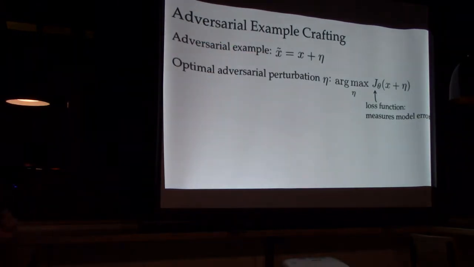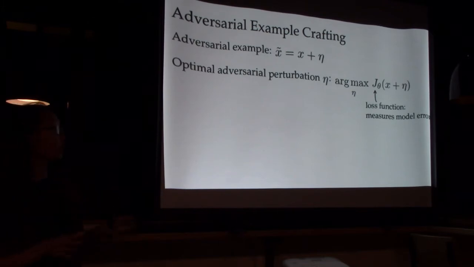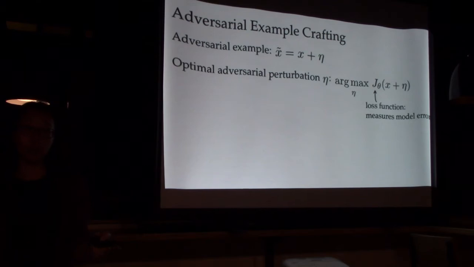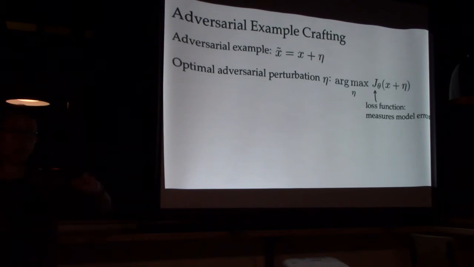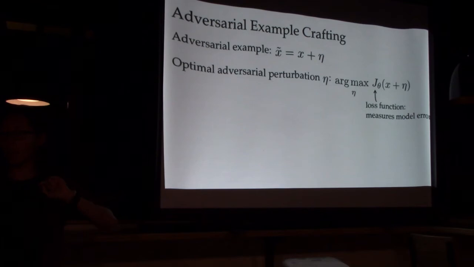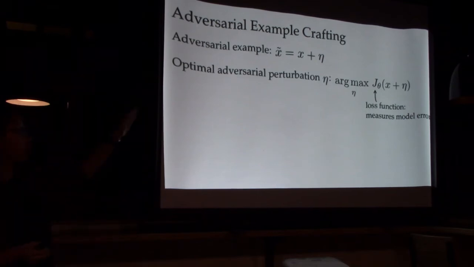And so I'm going to talk a little bit more now about how to even come up with this worst case perturbation in the first place that we've been talking about. It gets a little bit heavy on the math here, but I'll try and make it as intuitive as possible. Essentially, when you're creating an adversarial example, the adversary is finding this optimal perturbation η that it's going to add on to your input x.